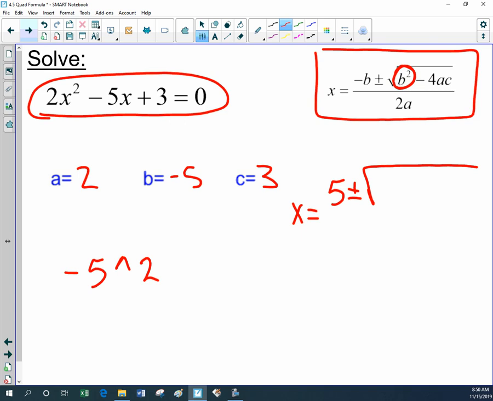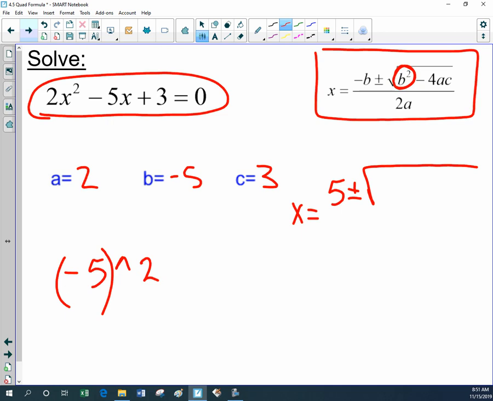That's going to give you a -25. If you're squaring a negative, you've got to make sure that you put parentheses around that number.